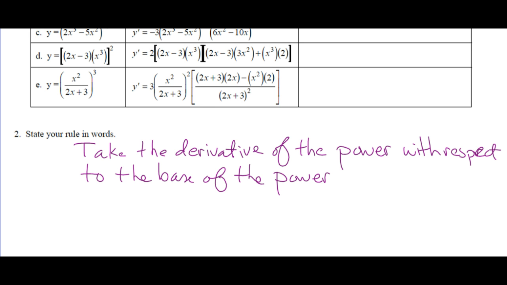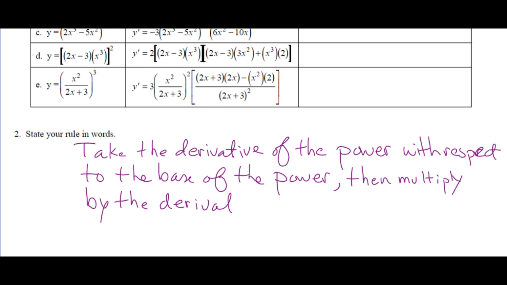That's the base, that's the thing that's being raised to a power. And then multiply by the derivative of the base with respect to x.